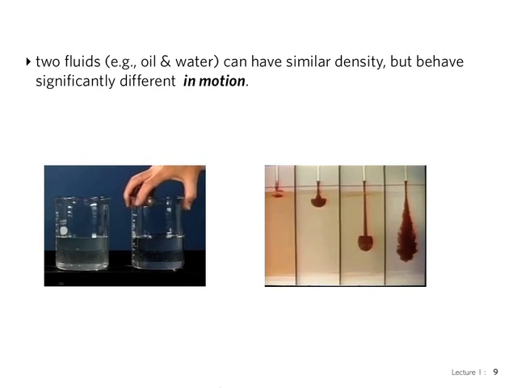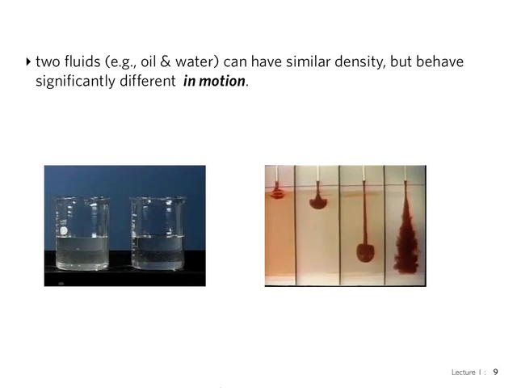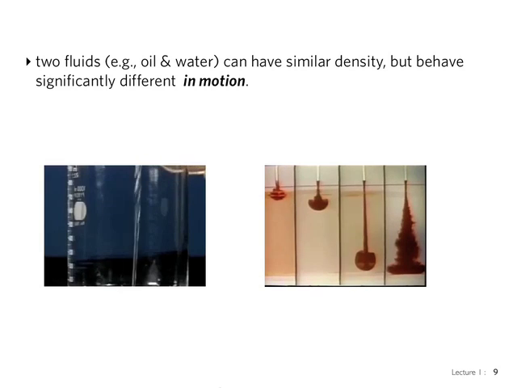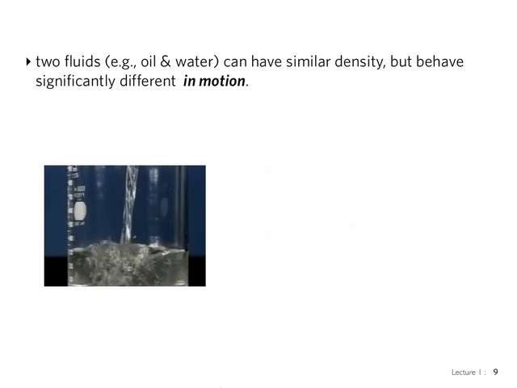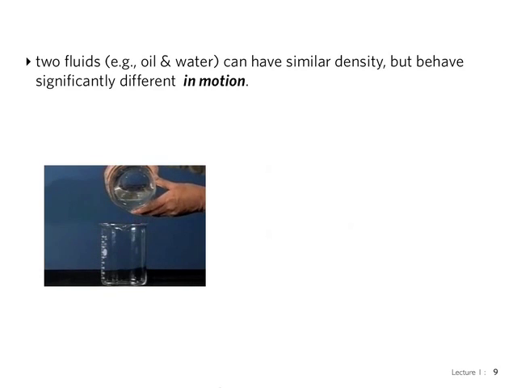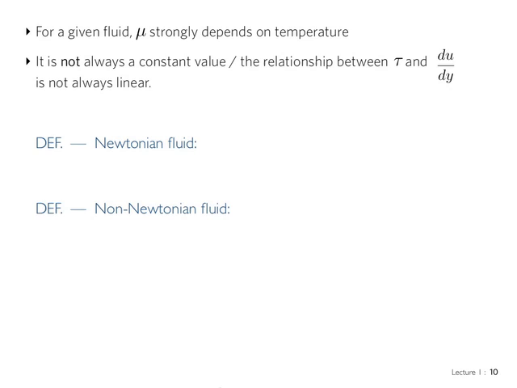And you can see that their behavior as a jet falls into another fluid is very, very different. The property of the fluid that determines that is the viscosity. Okay, so a couple more things about viscosity. For a given fluid, viscosity depends very strongly on the temperature.